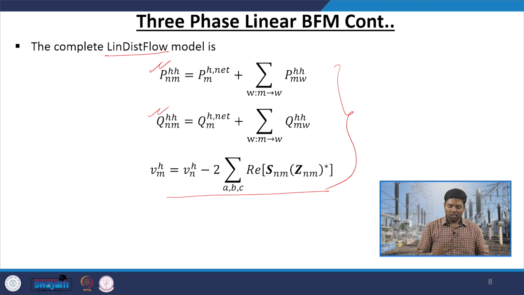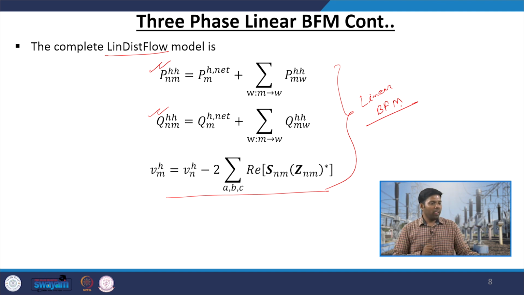Okay, got it? So, this is your linear BFM, and this is highly used when you want your 3-phase system to be solved quickly, or let us say in real time, if you want a real time solution. So, at that time we always use this linear BFM to solve.